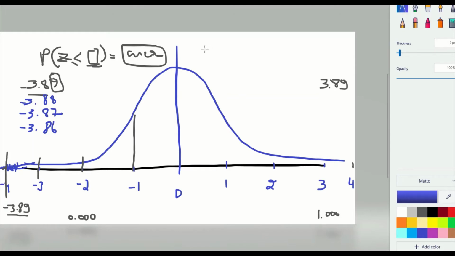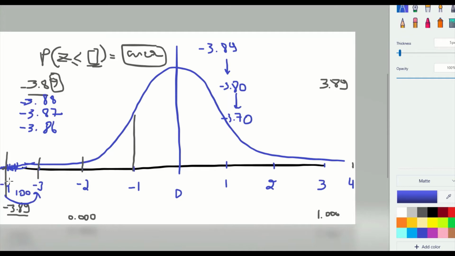So going from negative 3.89 all the way to negative 3.80, they've calculated 10 areas. And then from negative 3.80 to negative 3.70, they're calculating 10 areas every time. So you can see that going from negative 4 to negative 3, they will calculate about 100 areas and about 100 probabilities.